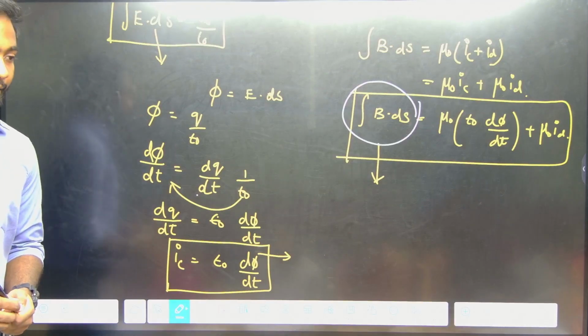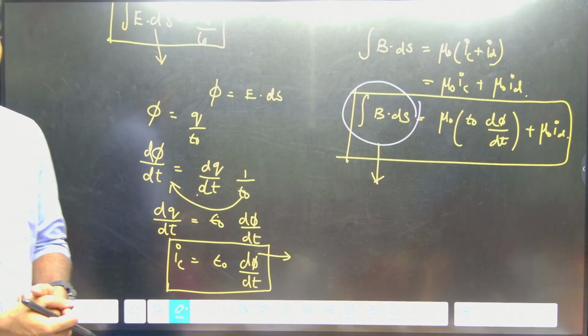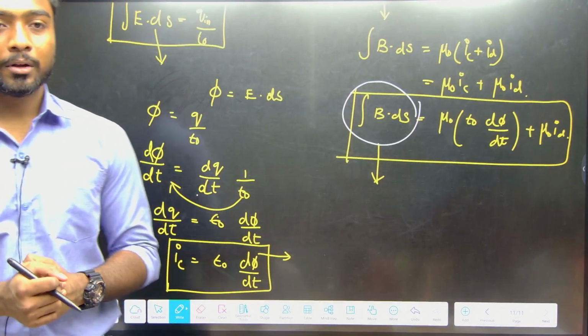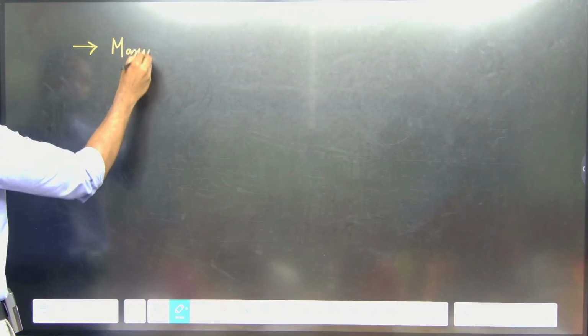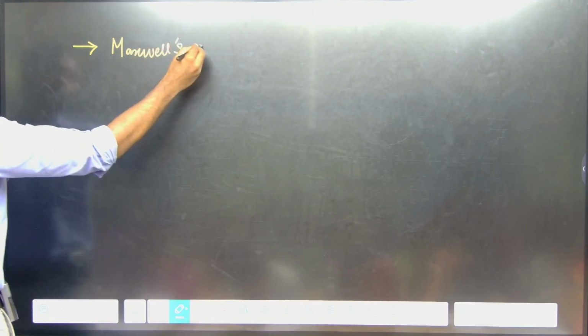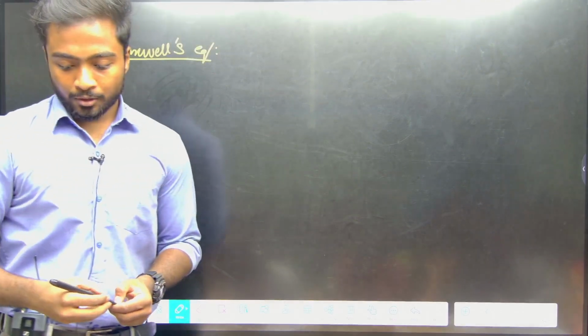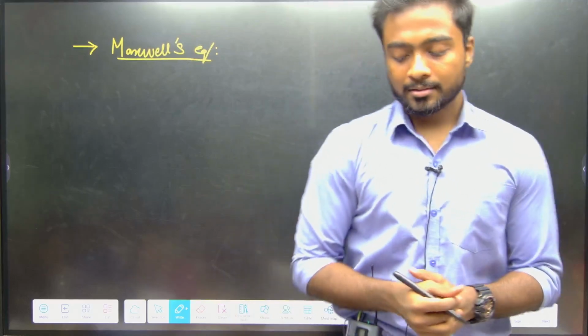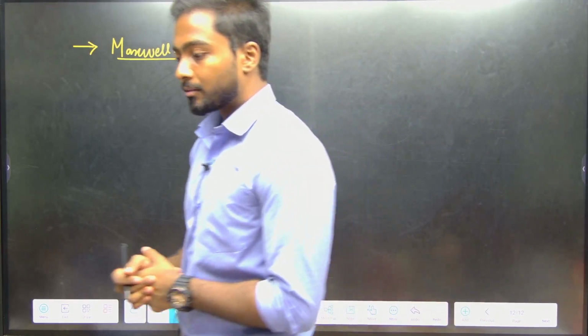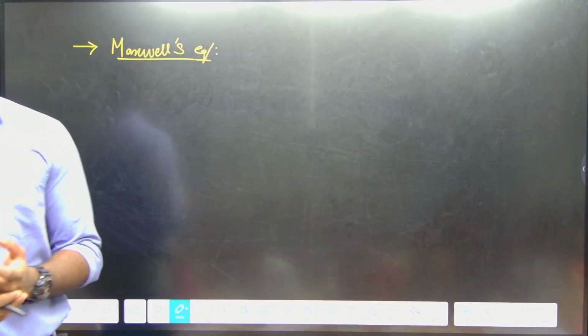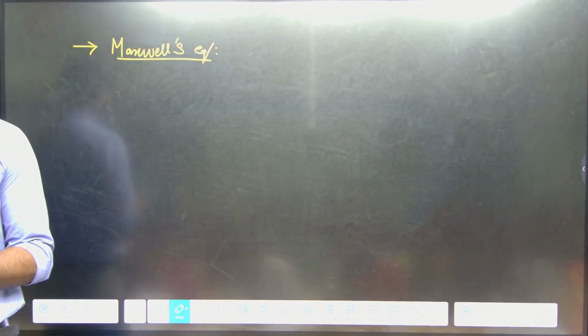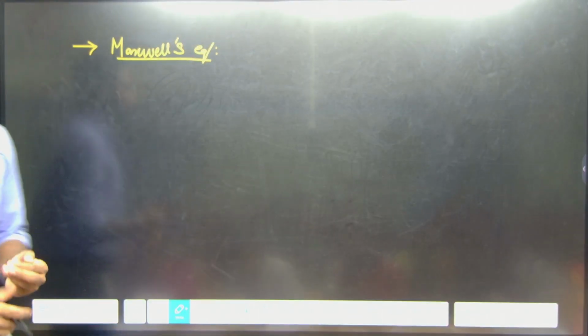Okay, write down the next subheading, Maxwell's equations. The first one is Gauss law in electrostatics. So what was the Gauss law we have seen?